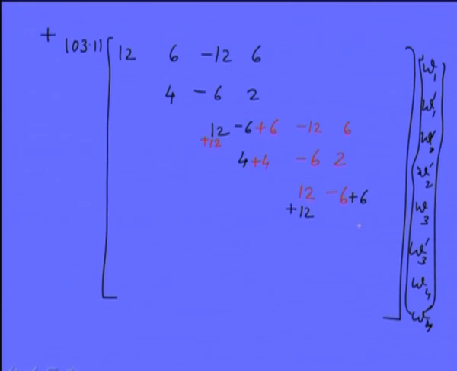There is one term missing here of the second element. So here we have two more entries, one is minus 12, another is 6. Then this plus 4, minus 6 and 2, then below this 12 is there, minus 6 and 4.